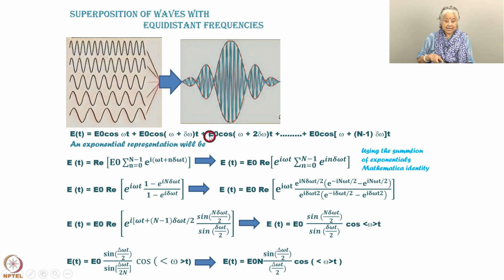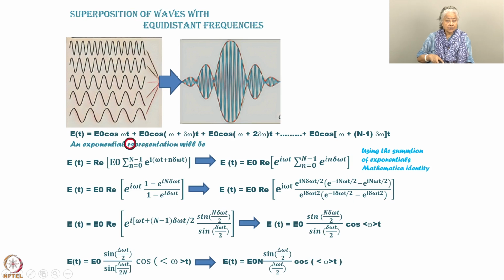Let us put it in exact mathematical terms to understand this structure better. Again there will be a superposition of waves with equidistant frequencies. All these frequencies are equidistant in the frequency scale.